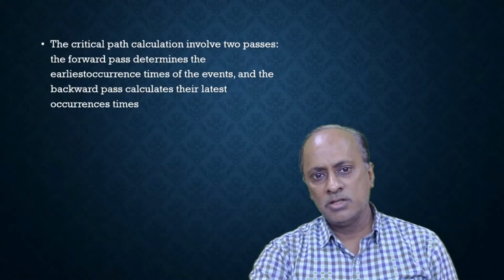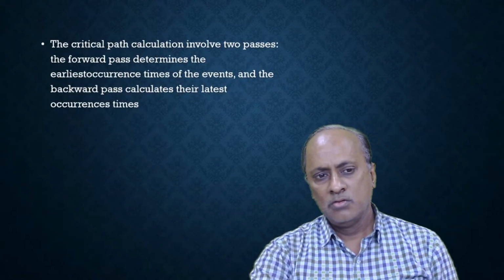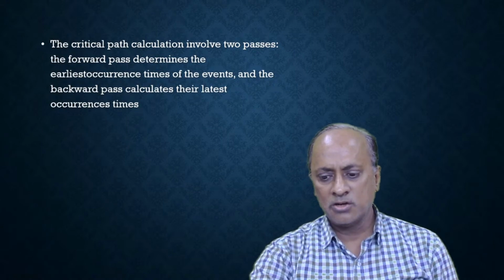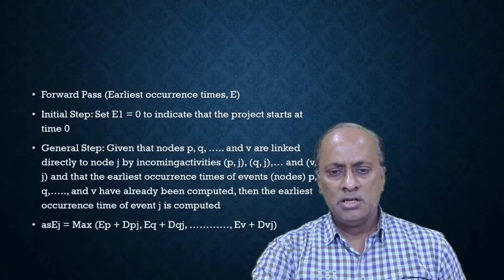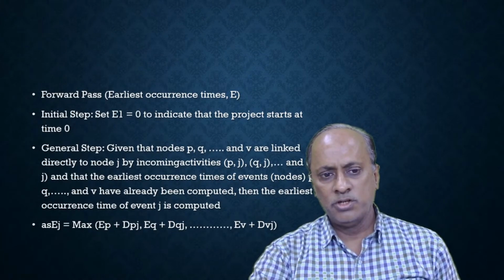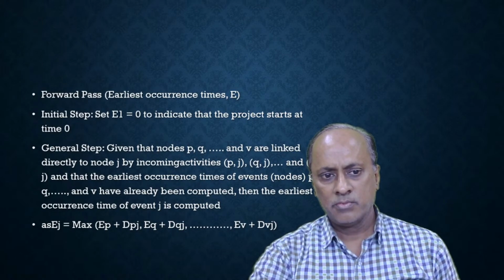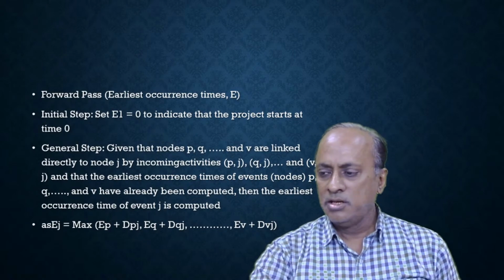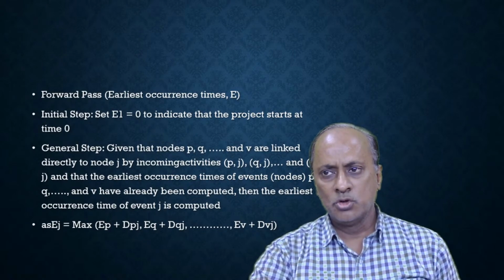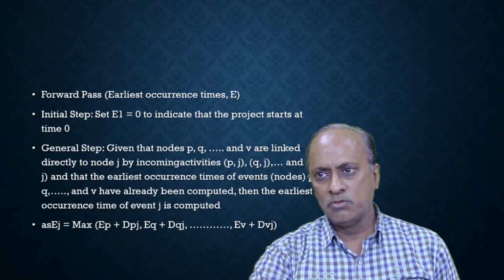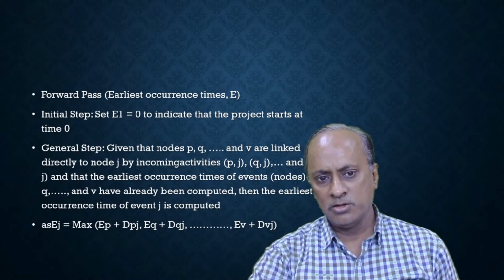The critical path calculation involves two phases. One is the forward pass, which determines the earliest occurrence times of the events, and the other is the backward pass, which calculates the latest occurrence times. Now, in the forward pass method, we move from left to right. We start from the first activity, or those activities that do not have any predecessor activity, which have only outgoing arrows and no incoming arrows.